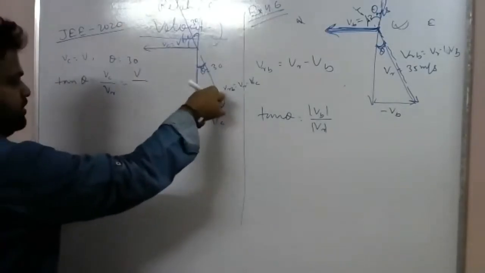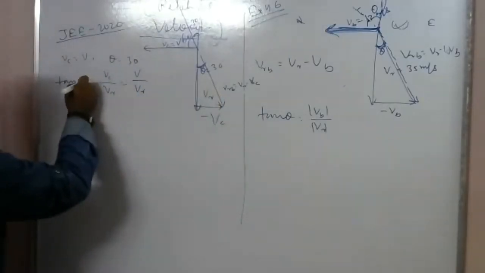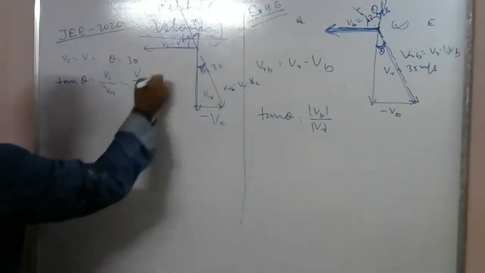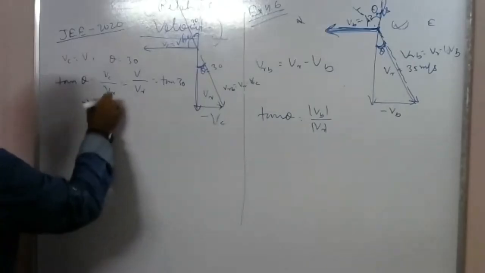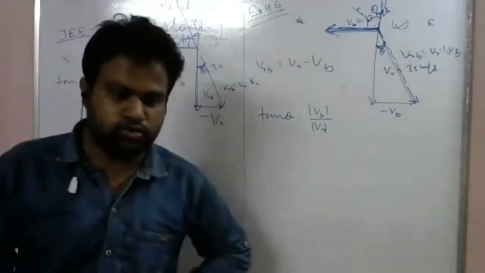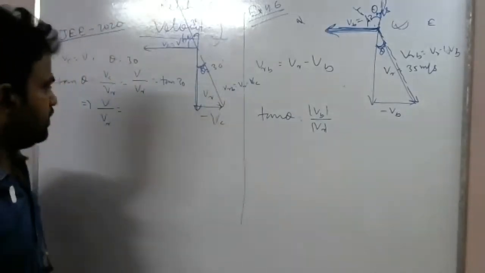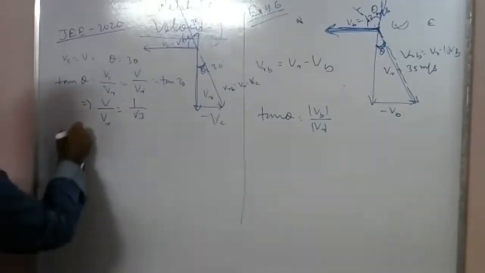And VR is, let's say, VR. And tan 30 degrees, this is equal to tan 30 degrees. Or you can write V by VR is equal to tan 30. What is tan 30? 1 upon root 3. 1 upon root 3 is tan 30.